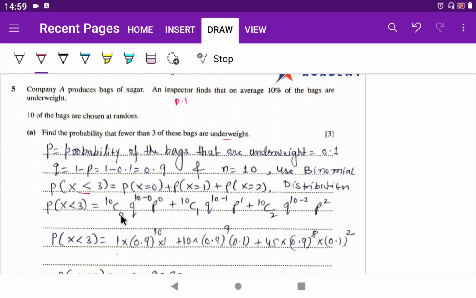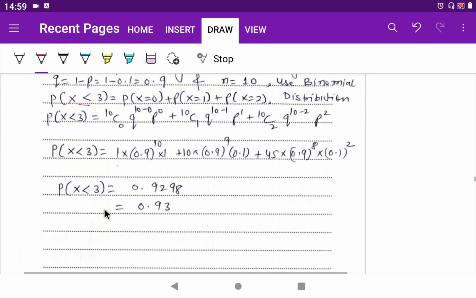So 10C0 q^10 + 10C1 q^(10-1) p^1 + 10C2 q^(10-2) p^2. After substituting the values of all 10C0, 10C1, 10C2, p and q, we will get P(X less than 3) as 0.9293. Okay, 0.93.